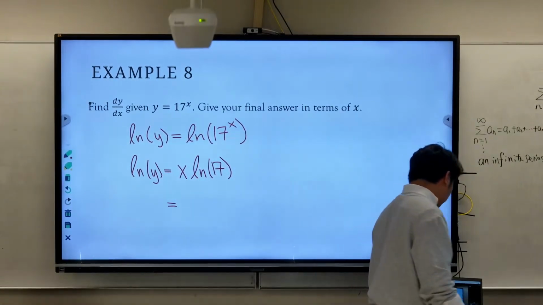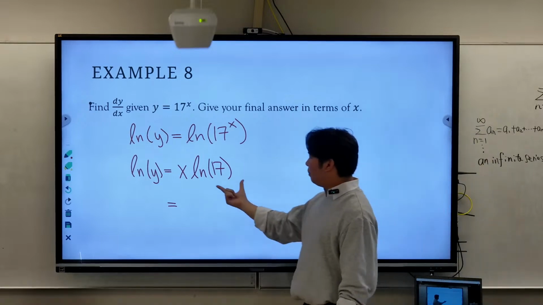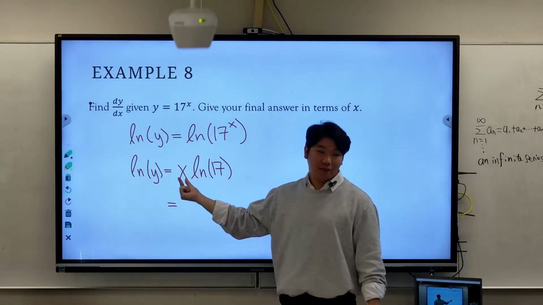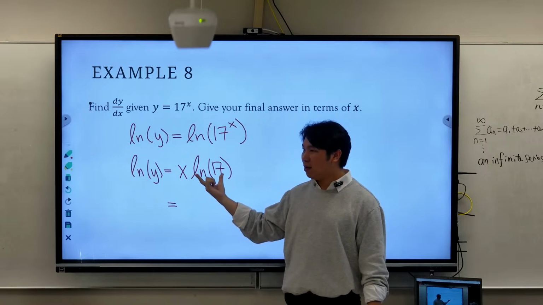So on the right side, I have x times the natural log of 17. What is the derivative of that expression? Well, first off, the natural log of 17 is just some random number, some decimal value probably. So really, I have a number times x. So what's the derivative of this number times x?